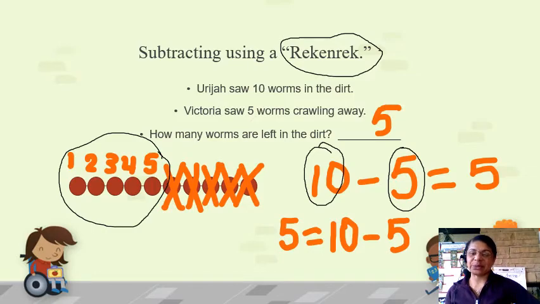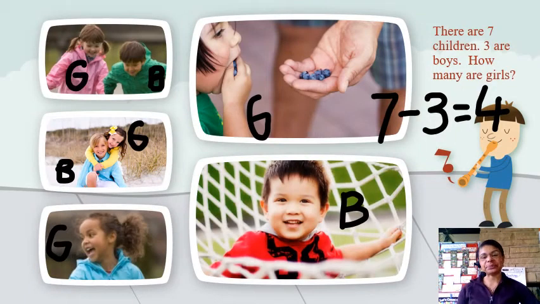Let's practice using strategy. In this one right here, I just counted the pictures that I had. I used the information that the story gave me to solve it, to figure it out. And that is something that you could do as well. There are 7 children. 3 are boys.